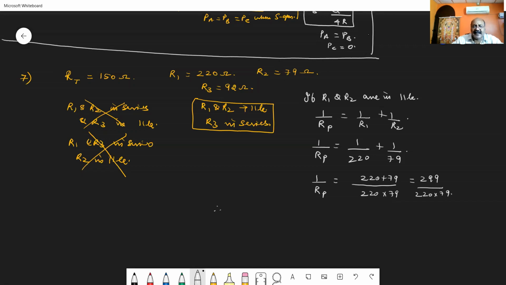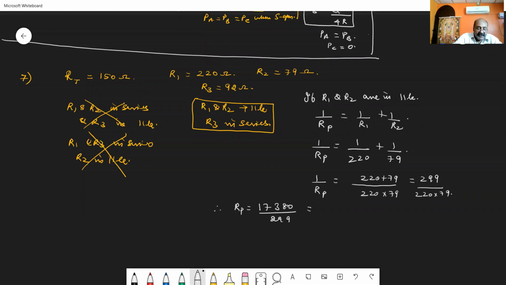So what is the value of Rp then? Take the reciprocal. I am multiplying 220 into 79. What is the value of 220 into 79? With the help of the calculator, 220 into 79 is 17,380 divided by 299.